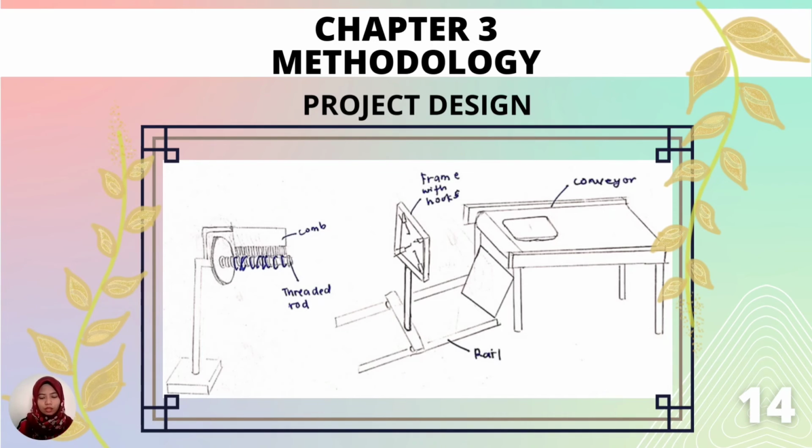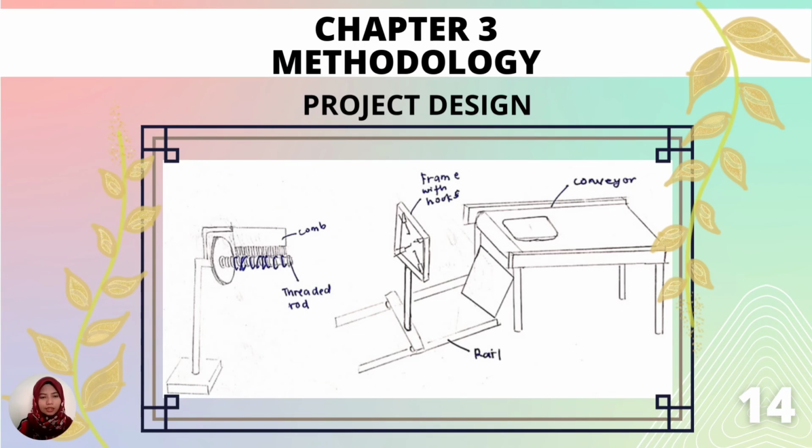The process will start with the conveyor that will move the wrapped tempeh. Then the frame with hooks will move back and forth to grab a single rubber band, and then go back to the conveyor to tie the tempeh.